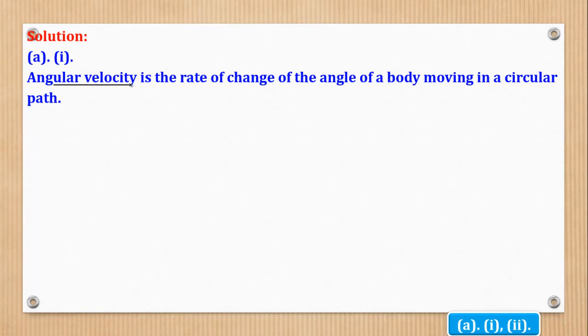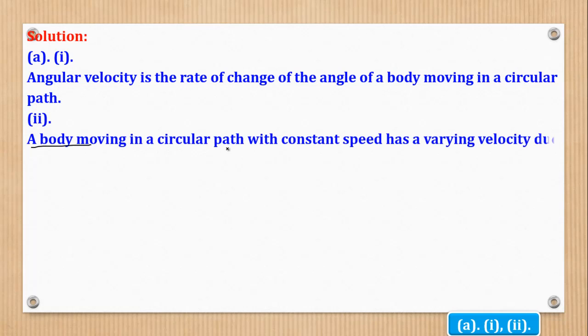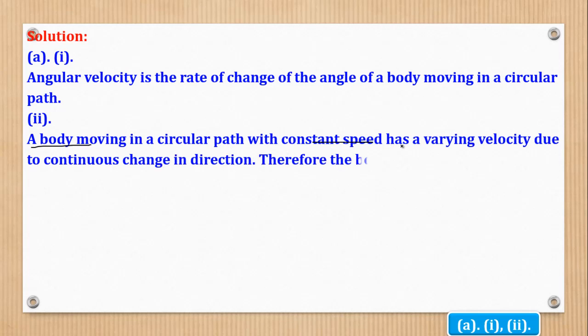So Roman 1, we shall say that angular velocity is the rate of change of the angle of a body moving in a circular path. Then Roman 2, a body moving in a circular path with a constant speed has a varying velocity due to continuous change in direction.